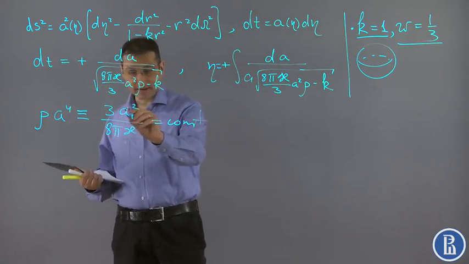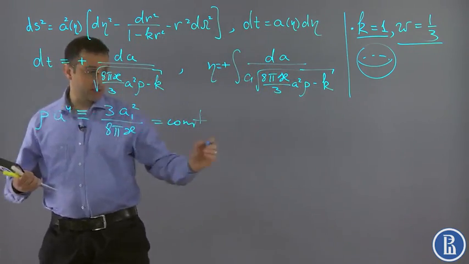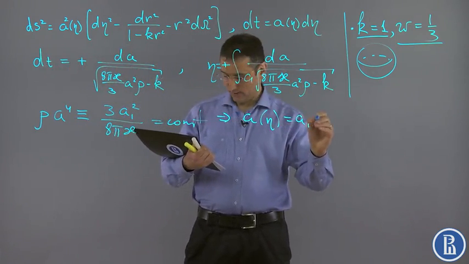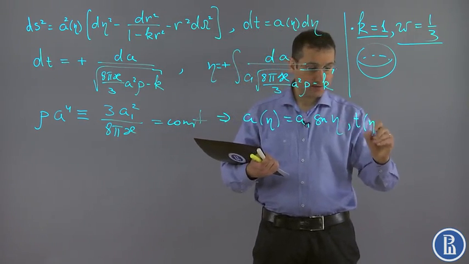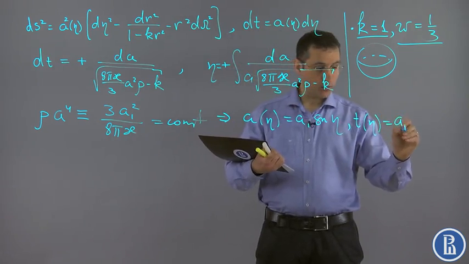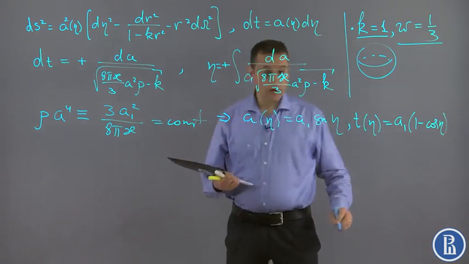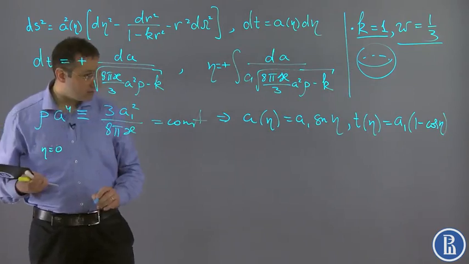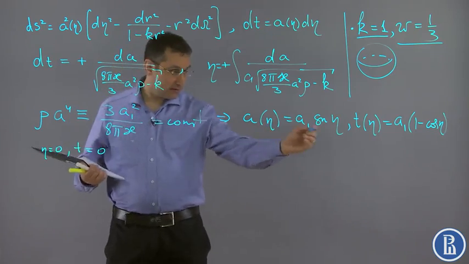If we plug this constant into here, then we immediately obtain that A of eta is A1 sine eta, and t of eta is equal to A1 times (1 minus cosine eta). So we start at eta equal to 0, t equal to 0, A is 0.